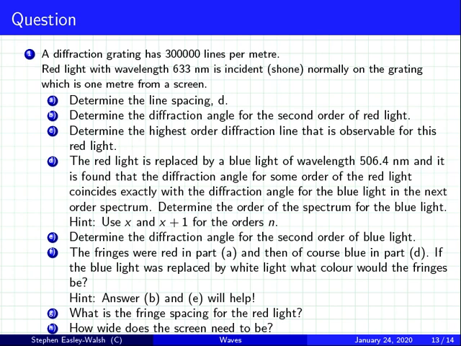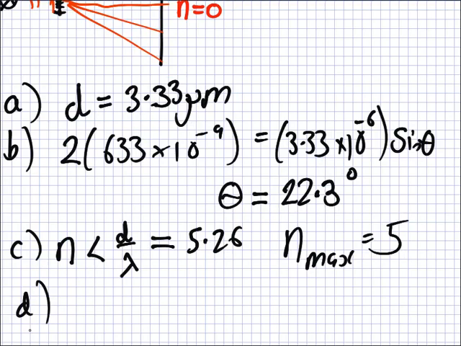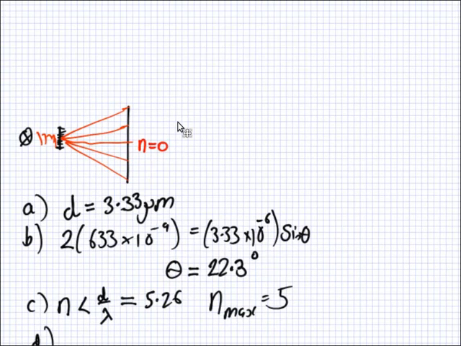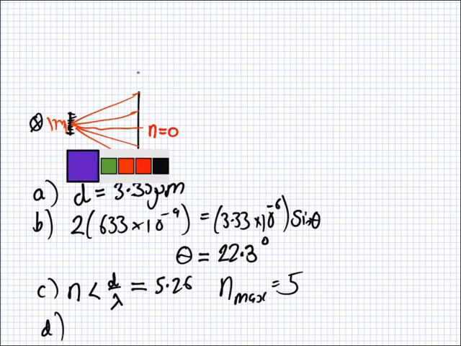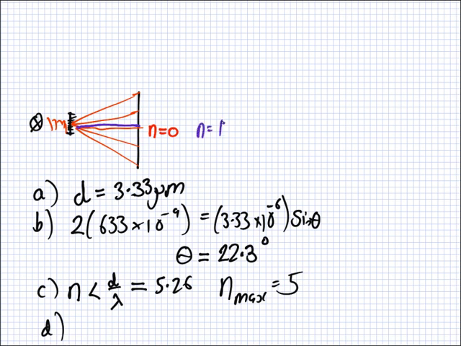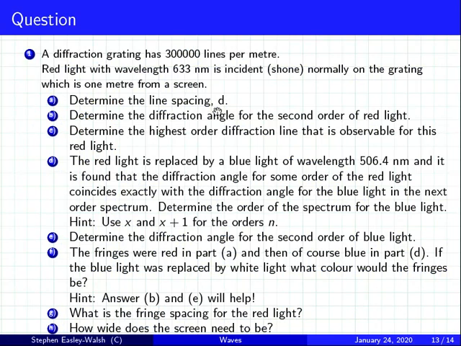I'll give you a little hint. I'll explain what's happening here. You've put in some blue light. Will n equals 0 be the same for the blue light? Yes, it will. But N1 would be N2? No, not necessarily. Guys, stop doing stuff and look. Unless you really understand what I just said, do you?